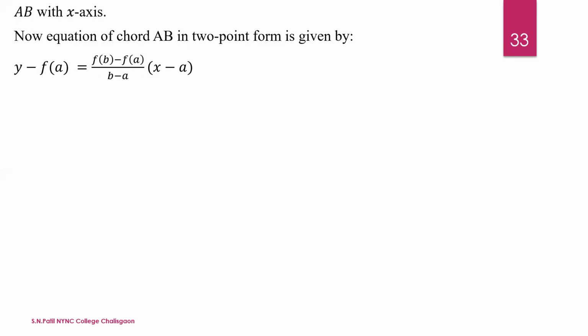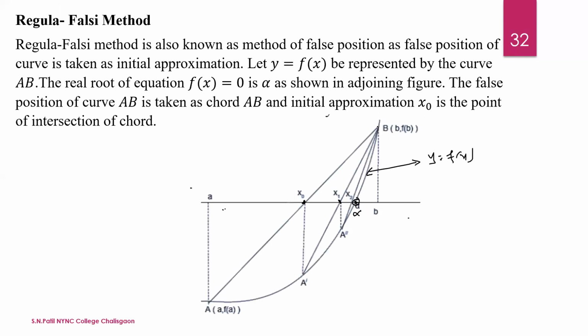This is the slope of that line. The slope is, see, this is the point b comma f of b, and this is the point a comma f of a. The slope is y2 minus y1, means f of b minus f of a, divided by x2 minus x1, means b minus a.